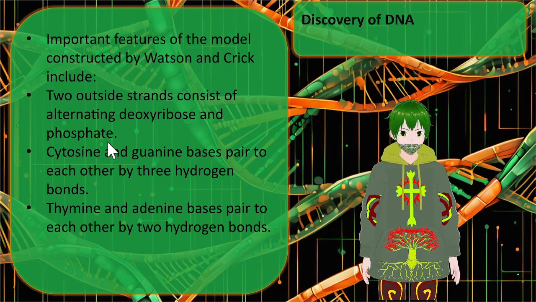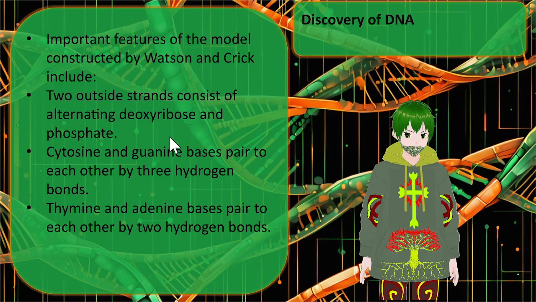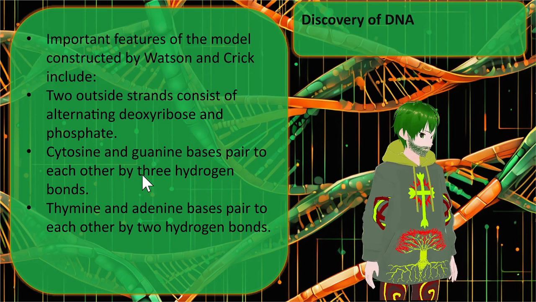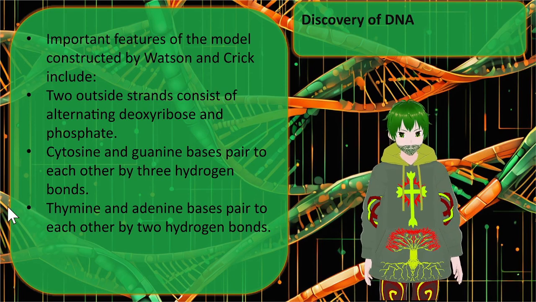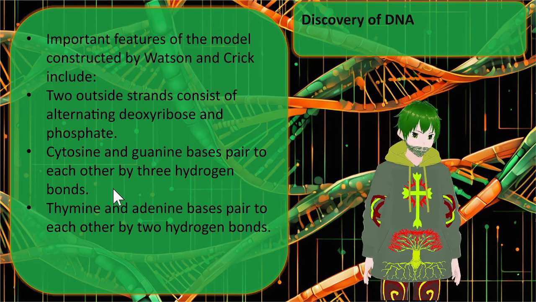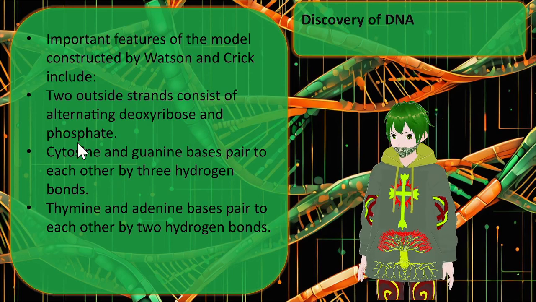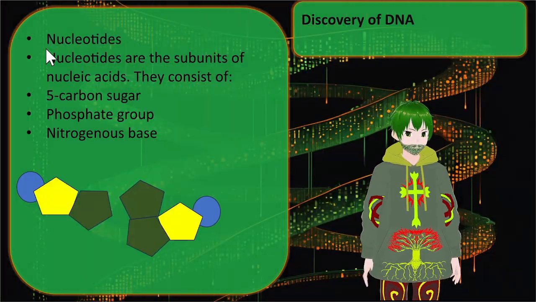And so you had these very strong phosphate bonds going all the way up and down your DNA vertically, and then horizontally you had hydrogen bonding occurring between your nitrogenous bases, between adenine and thymine, and cytosine and guanine.